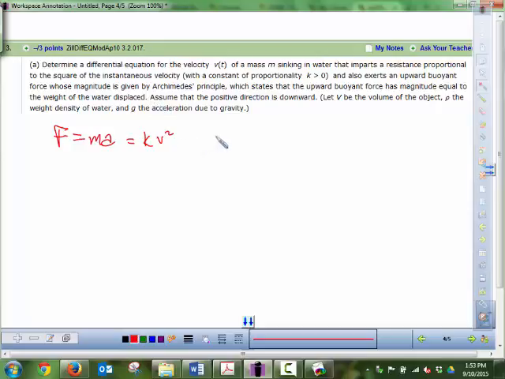So the force has a magnitude that's equal to the weight of the water displaced, rho V. So V is the volume and rho is the weight density.